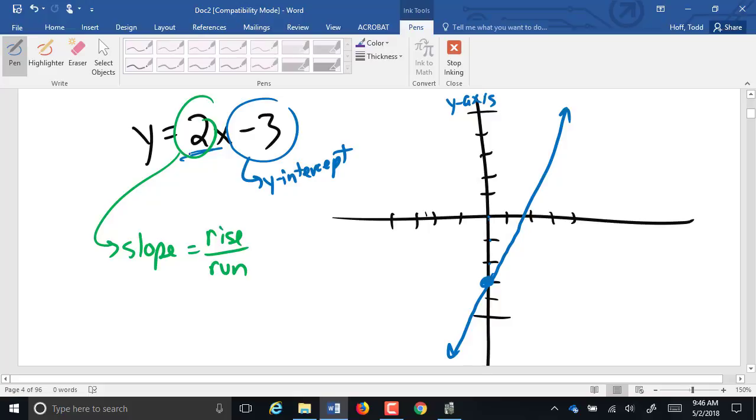It's just a whole number. It's not a ratio. We can turn it into a fraction or a ratio by simply putting it over 1. The slope is always expressed as a fraction or a ratio. So that 2 over 1 is saying from that starting point, which was that -3, the top number is the rise, so we rise 2, so we go up 2. The bottom number is the run, so we run 1. There was the second point on that line. We just drew the line through those points.